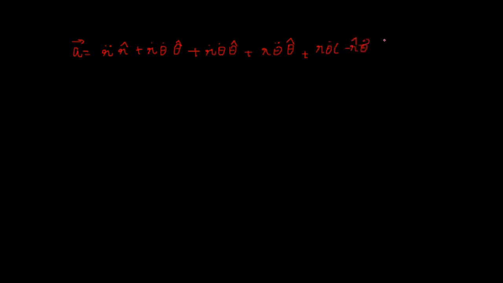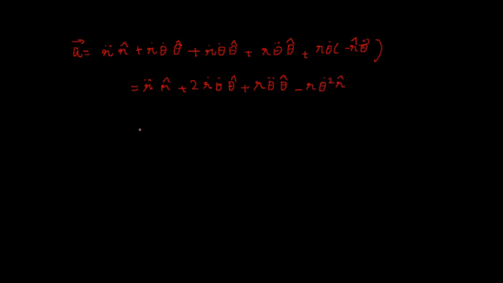So let me add these terms. We will get r double dot r cap plus 2 r dot theta cap plus r theta double dot theta cap minus r theta dot square into r cap.